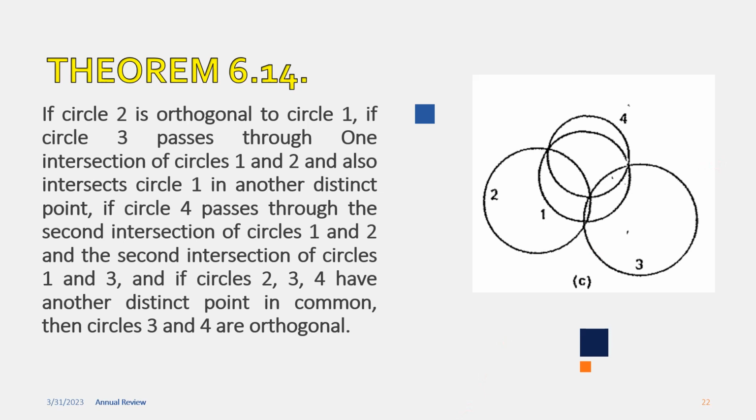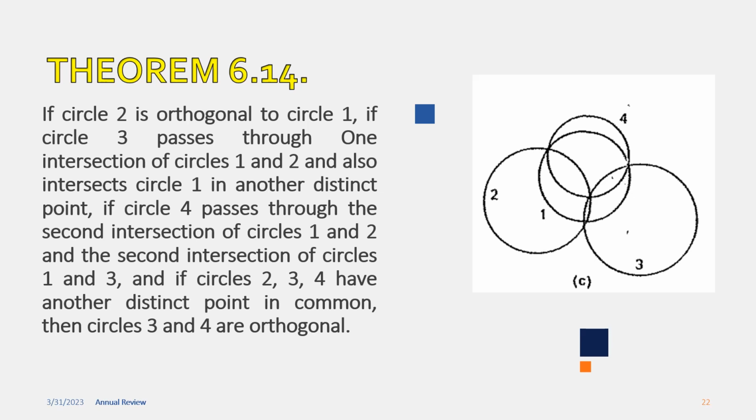So in the discussion thus far, inversion has been used to get new theorems from old. In general, the new theorem has been more complicated because some of the straight lines have been inverted into circles. In the application of inversion called proof by inversion, the procedure is somewhat reversed.